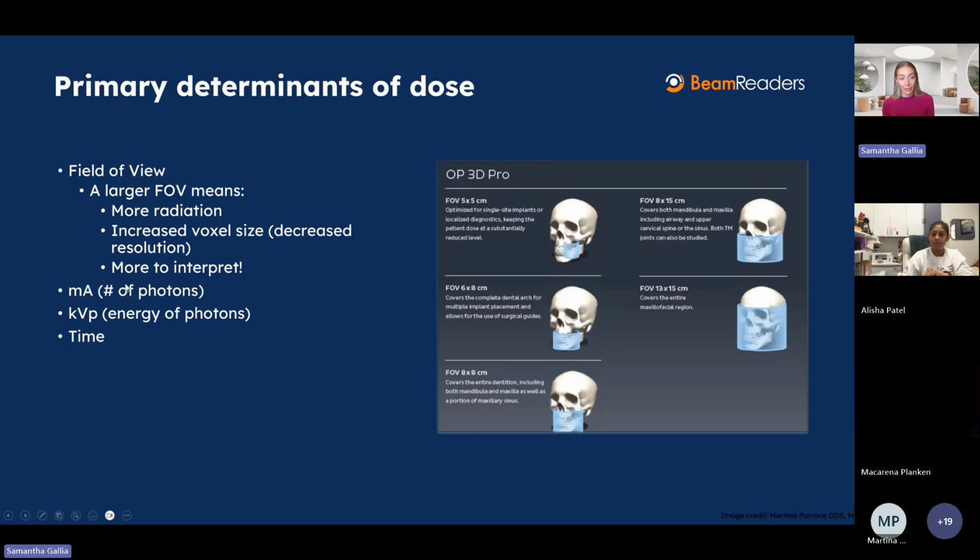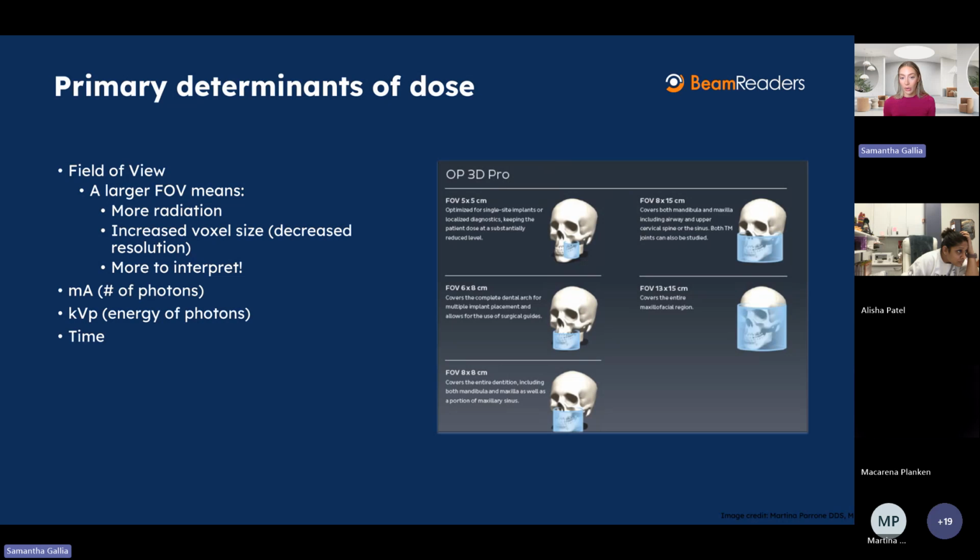And then there's obviously more to interpret. We'll talk about this a little bit later as well, but you are responsible for everything that's taken in that image. So if you get the cervical spine, you're responsible for the cervical spine. If you get the orbits, you're responsible for the orbit. So obviously we need to take as large of a field of view as is important for that indication for that patient.